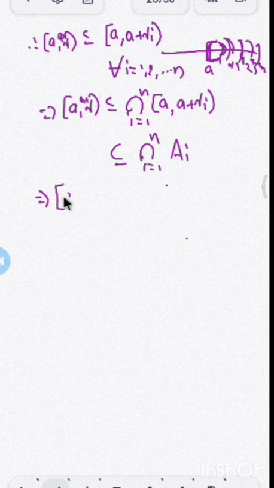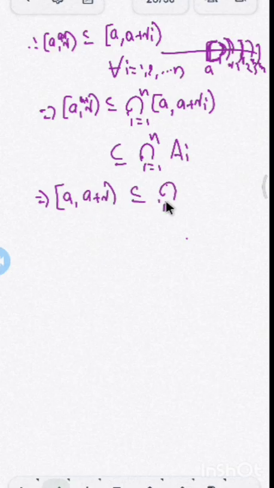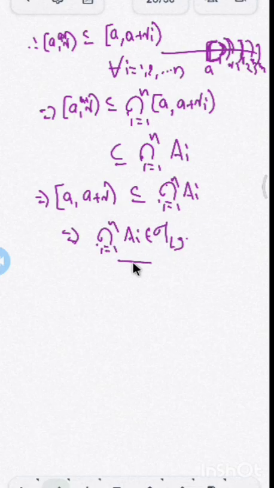So what you can say is that [a, a + r) will be contained in the intersection of A_i, i equal to 1 to n, which implies the intersection is a member of tau_LS. So tau_LS satisfies all the properties of a topology. Therefore tau_LS is a topology on R.